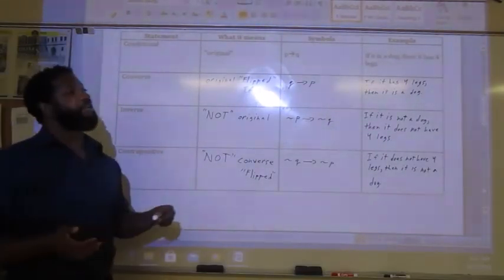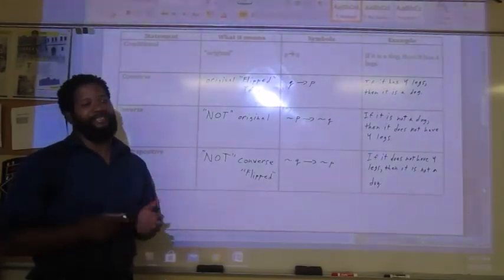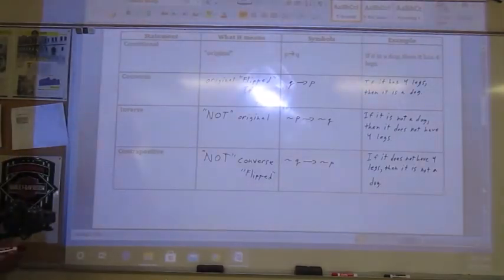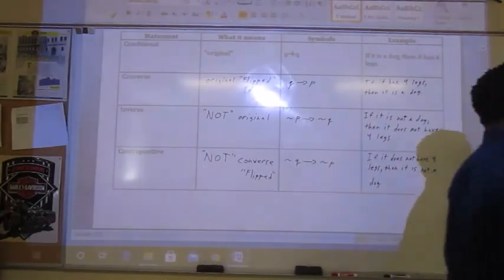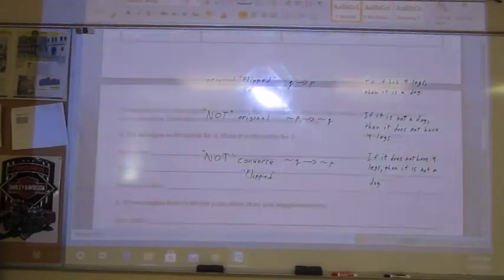Y'all need to understand how these statements look, okay? And how they pretty much tend to mess with you. If you flip your paper over, you will see a whole bunch of statements. Number 1. If a number is... Yes, that's true.